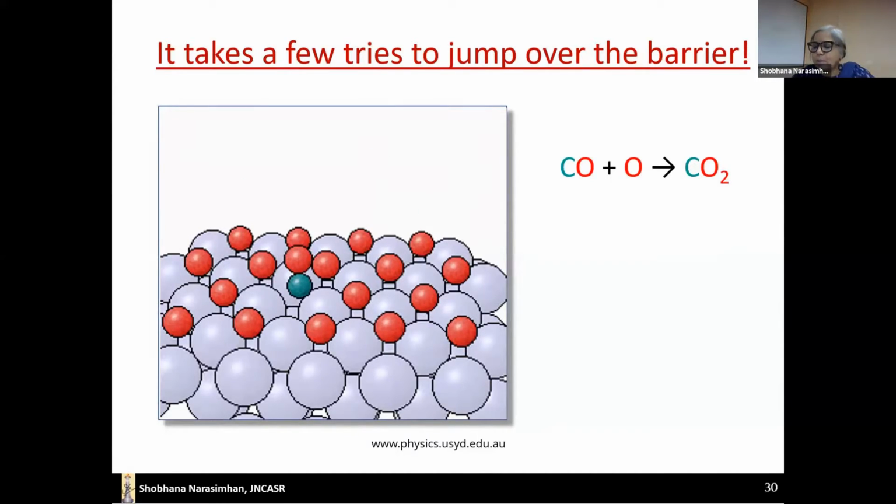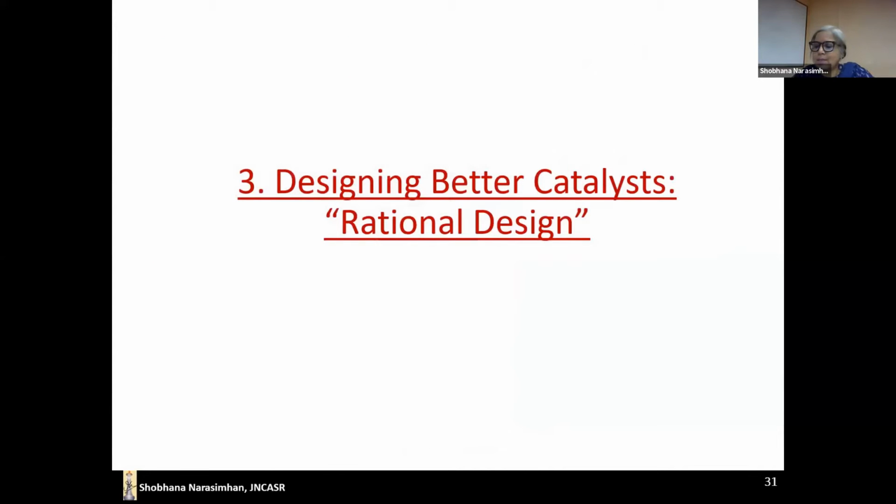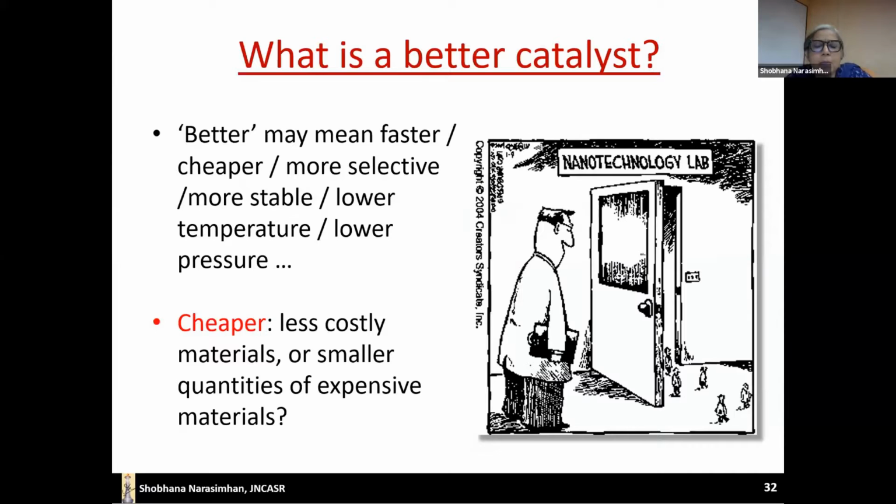So now I come to the main part of my talk, which is about designing better catalysts using what is called rational design. So what do I mean by a better catalyst? It might mean that it's a faster catalyst. It could be a cheaper catalyst. It could be a more selective catalyst, because you may have lots of different competing pathways in the reaction and you want to favor one of them. It might be more stable. It might be resistant to degradation.